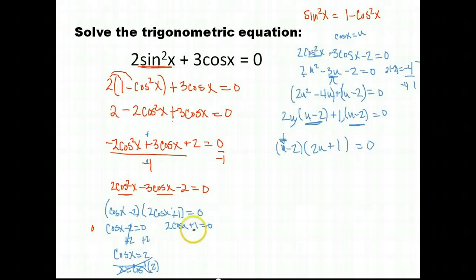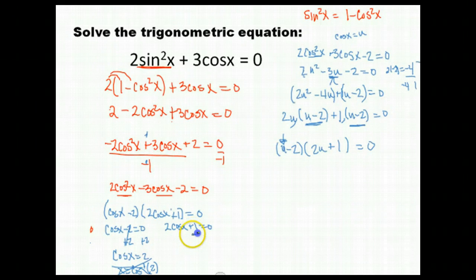I come and solve this one. All right, so we go ahead and we subtract 1 from both sides. So then we have 2 cosine x equals negative 1. Divide both sides by 2, and I get cosine x equals negative 1/2. So now our question is, what angle has a cosine of negative 1/2?